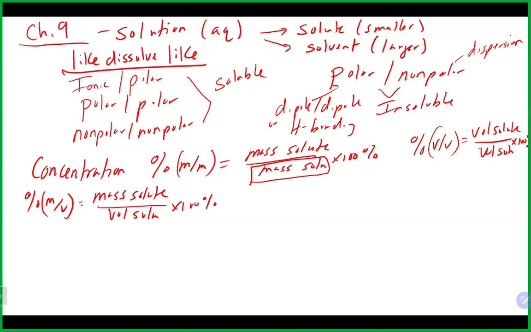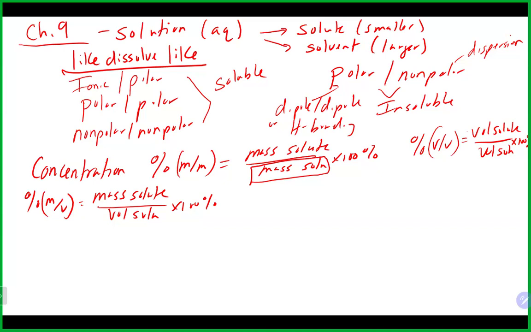We then talked about these in terms of doing problems. Sometimes it's easier, when you're doing problems involving these percent concentrations, to convert it into a usable conversion factor, and you could assume 100.